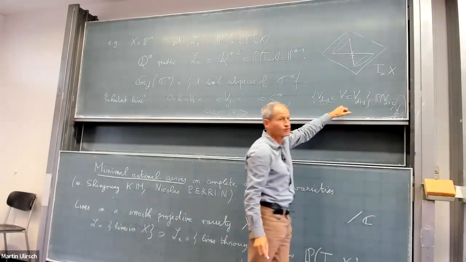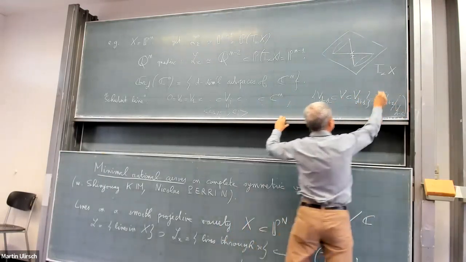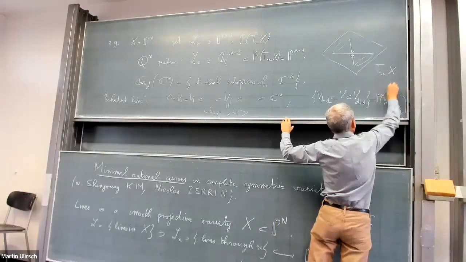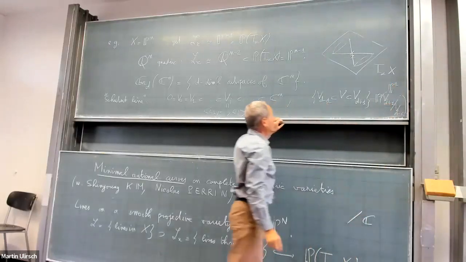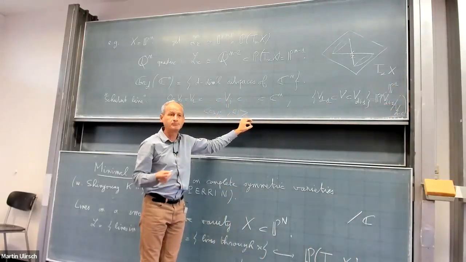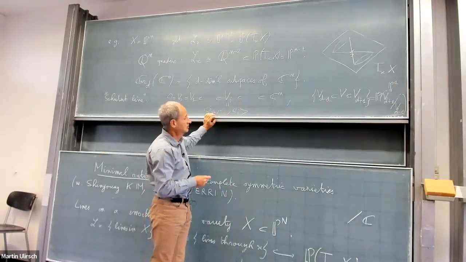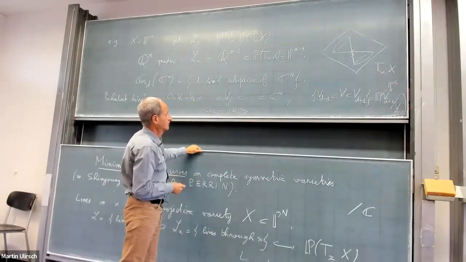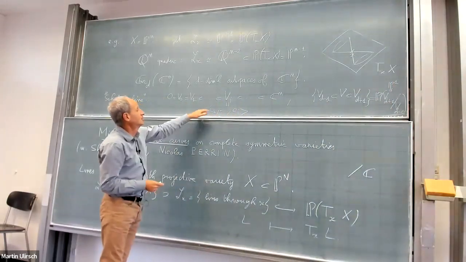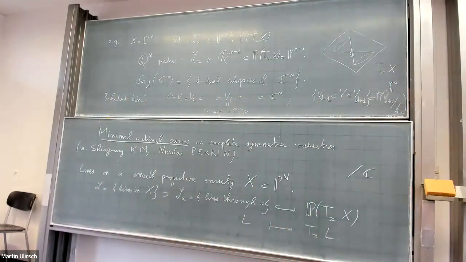This space is two-dimensional, and so you get P1. If you write this in coordinates, you find back one of these curves that Martina was constructing yesterday. And the point is to get all the lines in this way. So let me state this.